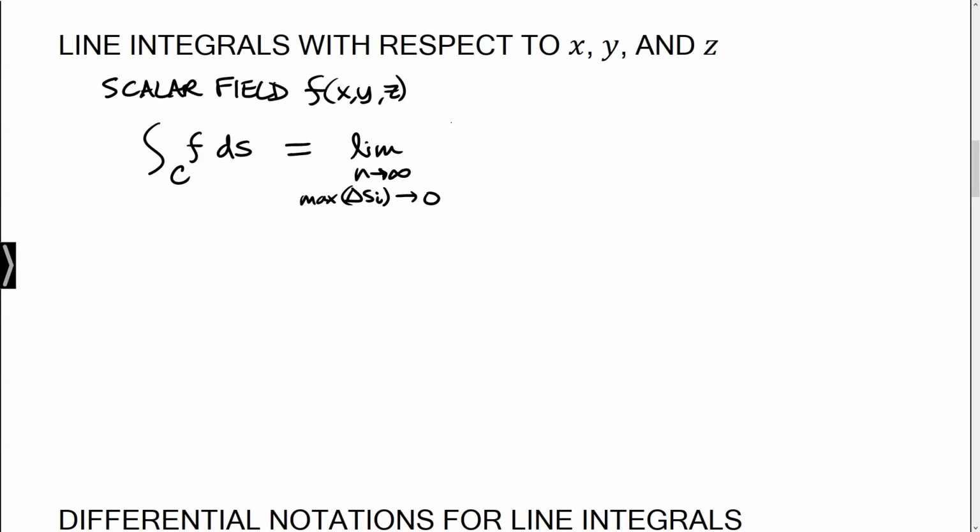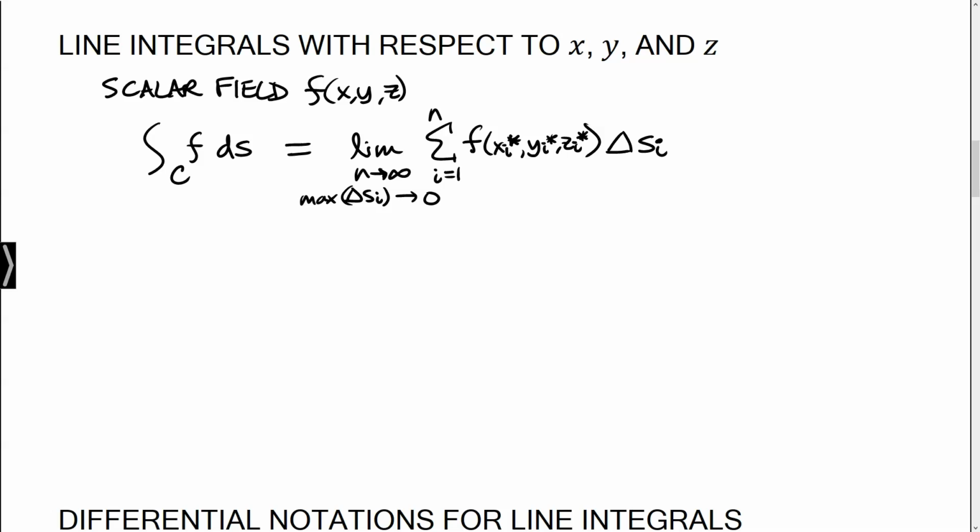It was the limit of this Riemann sum of f of xi star, yi star. So the scalar field evaluated at a sample point, and then it was weighted by the arc length. So it was weighted by delta si.